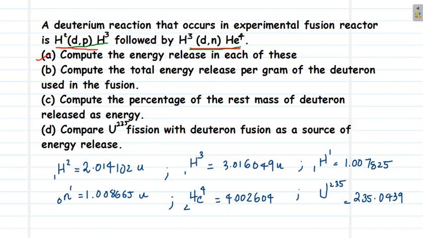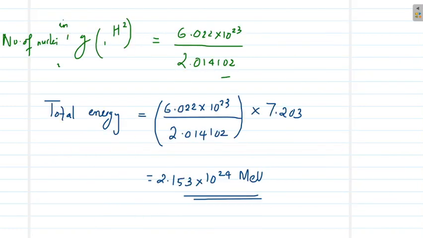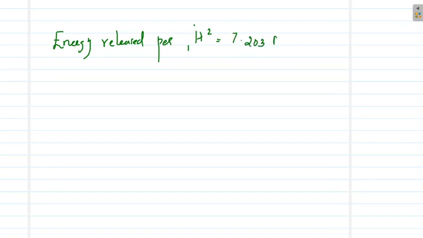Now moving on to part C. Compute the percentage of the rest mass of deuteron released as energy. So we need to know the percentage. We know the energy released per fusion, per 1H2, is 7.203 MeV.